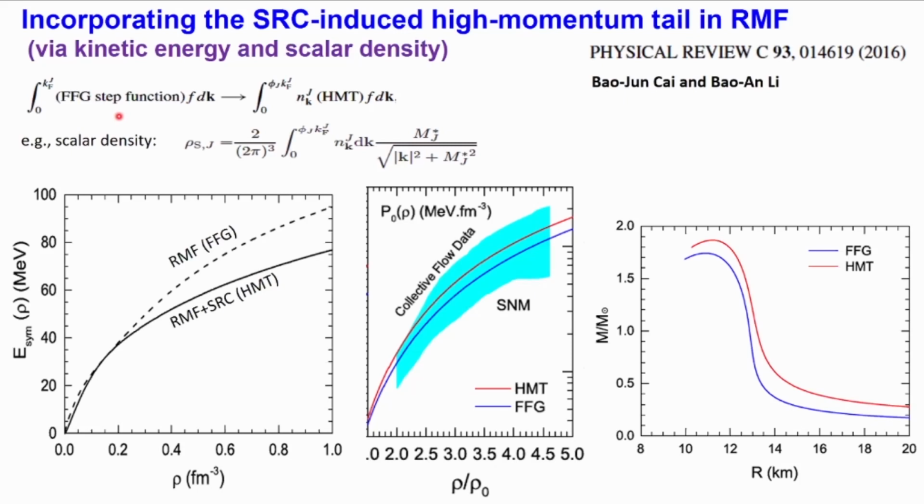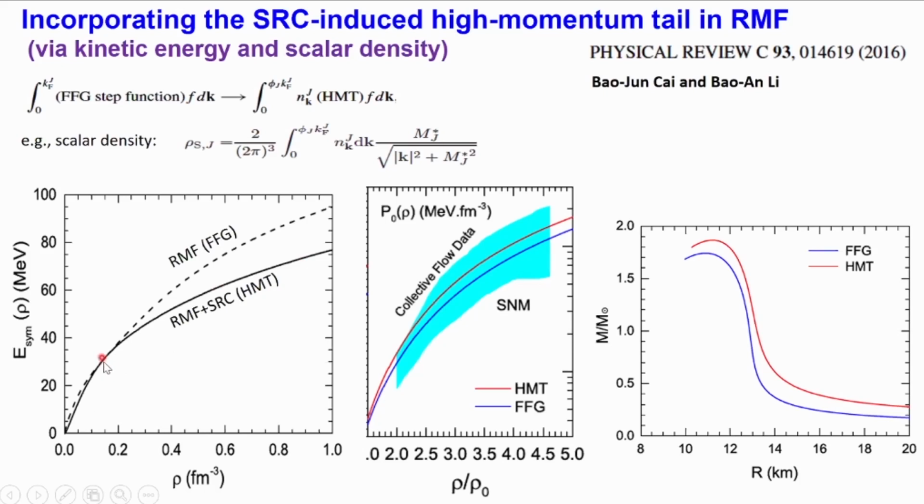But I have shown you that if you consider the short-range correlation, the nucleon momentum distributions in nuclei and nuclear matter are not step functions; they have a very high momentum tail. And that momentum tail is also different for neutrons and protons. If you incorporate this high momentum tail in the energy density functional of the relativistic mean field model, namely you replace the step function everywhere with an integration over the high momentum tail, then the density dependence of the symmetry energy will be modified, if you require that everything at the normal density remains the same.